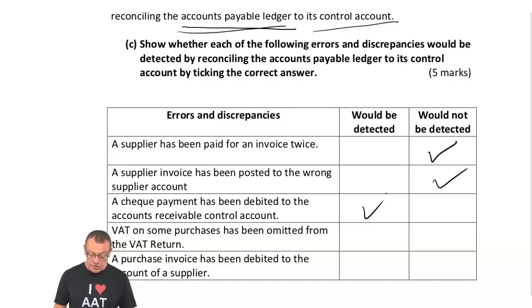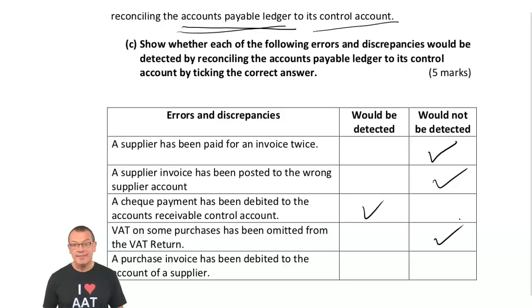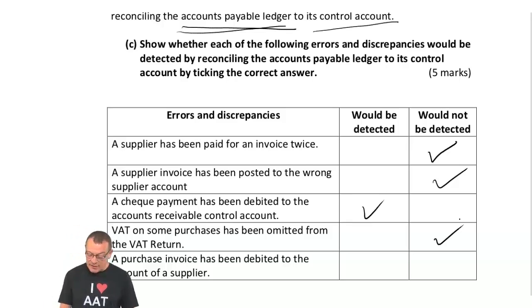VAT on purchases has been omitted from the VAT return. Are we reconciling the VAT return in this question? We're not. We're reconciling the accounts payable. So that would not be detected. And finally, in this particular question, awkward questions to be honest with you, it takes a bit of working out and you may need to use rough paper. That's fine.